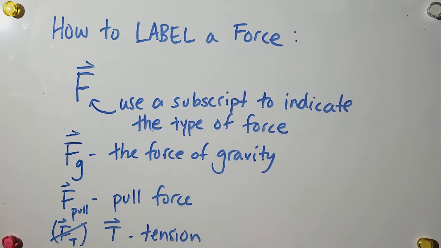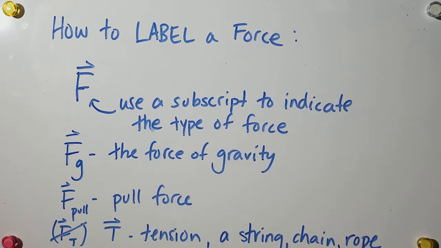Well, anything where there is a string or a chain involved in attaching to something. All right, a string, a chain, a rope. These would all be considered tension forces.